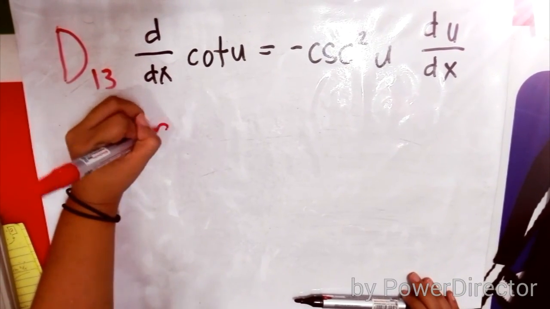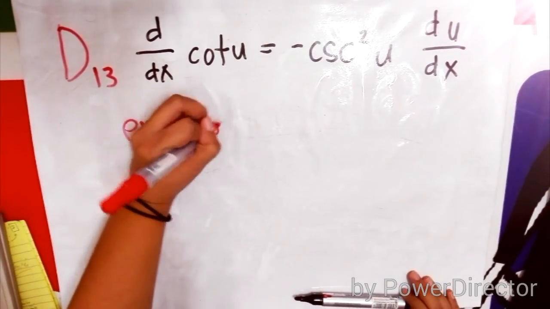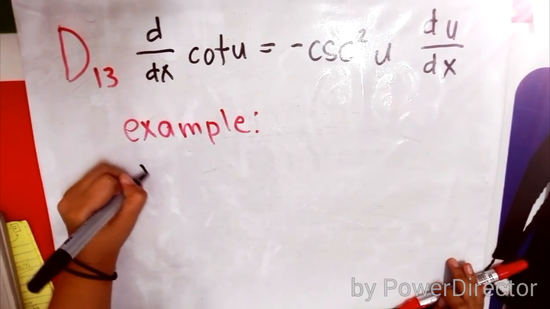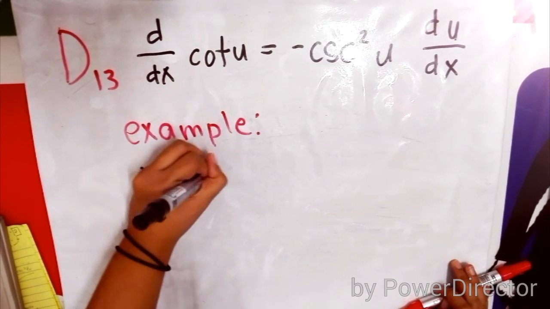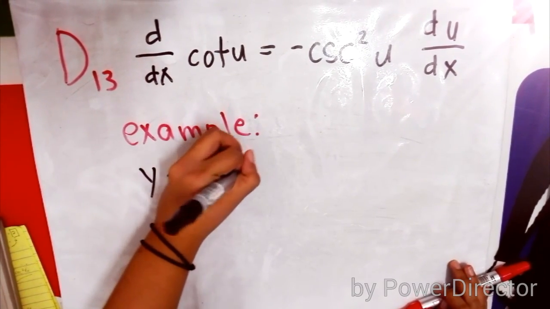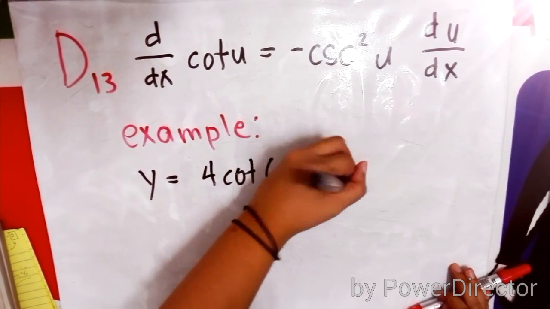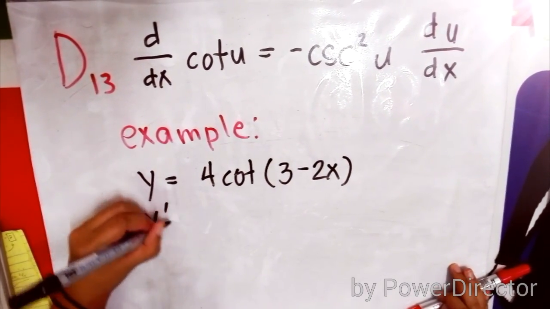For example, given y is equal to 4 times cotangent of 3 minus 2x.